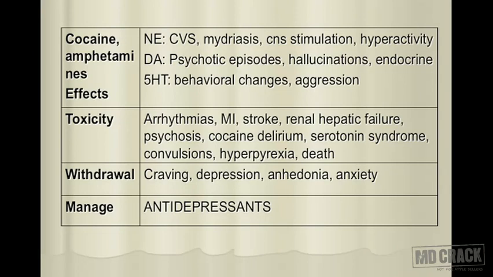And because serotonin is very high, you could get serotonin syndrome. This patient finally may show convulsions, hyperpyrexia, and death. The withdrawal with cocaine or amphetamine manifests in the form of craving, mental depression, anhedonia is incapacity to obtain pleasure, and very severe anxiety symptoms.